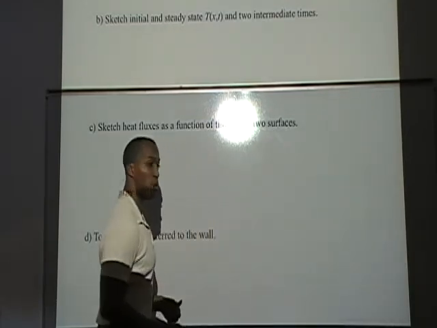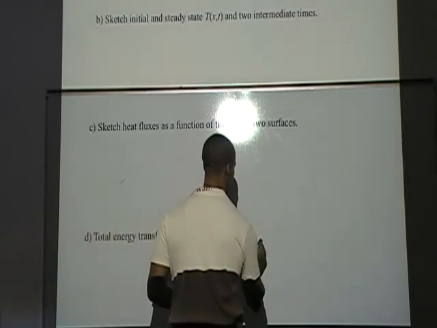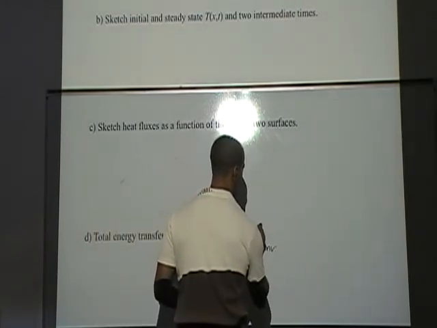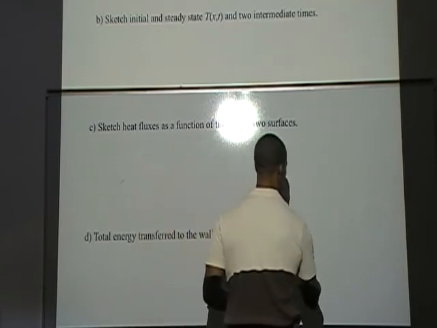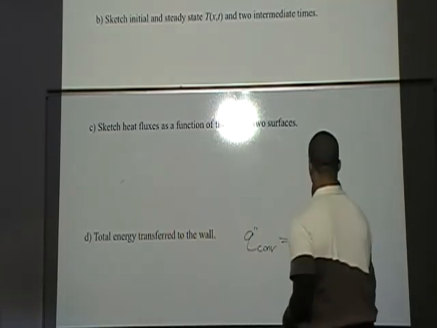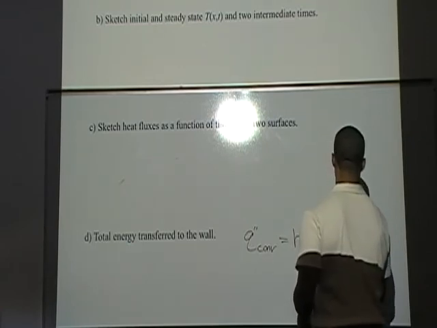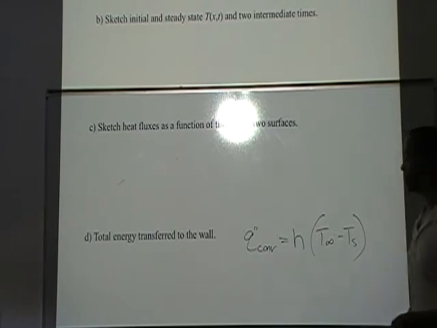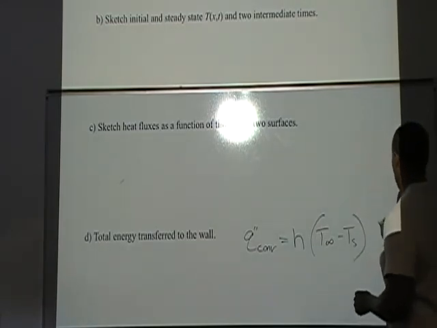So what we can do is, if we know that we have a heat rate, q convection, coming into our wall, that equals the heat transfer coefficient times the difference between the ambient temperature and the surface temperature. This is what we have, and this is in watts. This is why I always stress units. This is in watts.